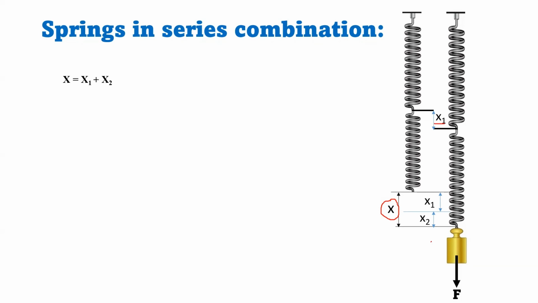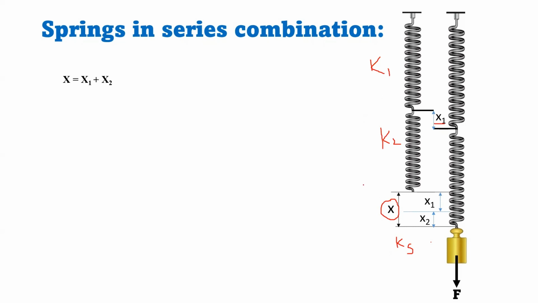We know F equals minus kx, therefore x equals minus F by k. The spring constant of the first one is k1, and of the second one is k2. Then x1 equals minus F by k1, and x2 equals minus F by k2, because the force acting on both the springs is the same. Then we take the spring constant of the total system as ks, that is k series.